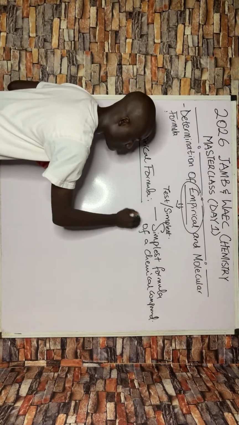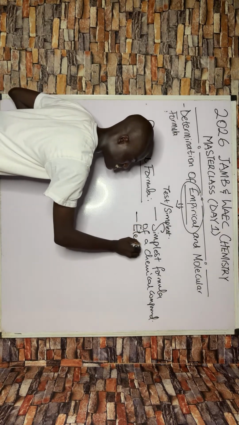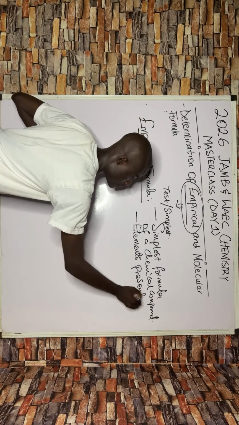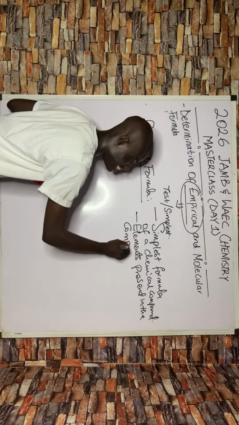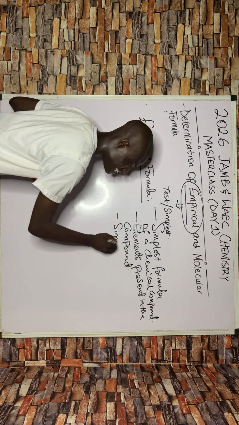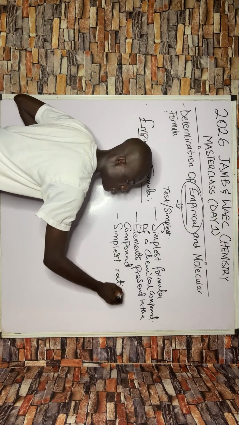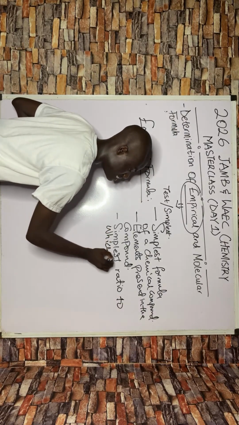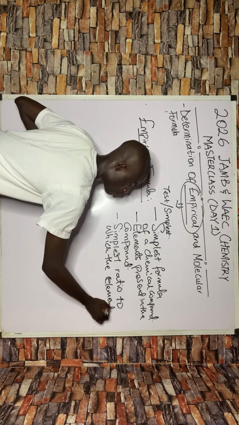Secondly, the empirical formula tells us the elements present in the compound. And thirdly, the empirical formula tells us the simplest ratio to which the elements are combined.